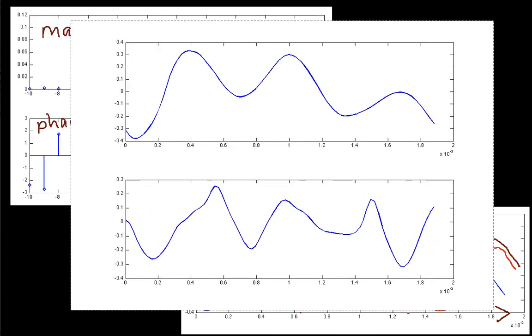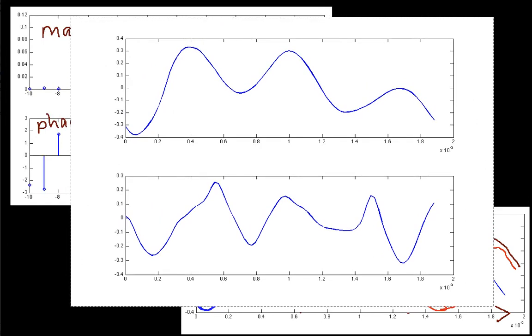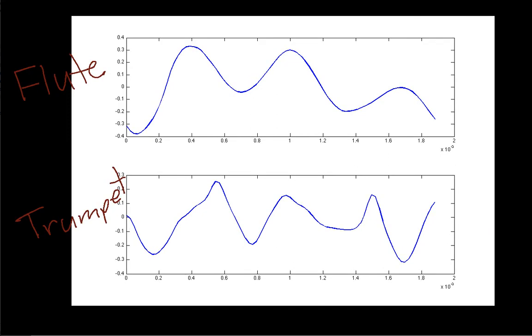This is the time waveform. In fact, here, let's see if we've got an empty one here. Oh, this is the original time waveform for the flute and the trumpet. If I take just the first harmonic, the fundamental frequency, and plot it along with the time waveform, I get something that looks like this.